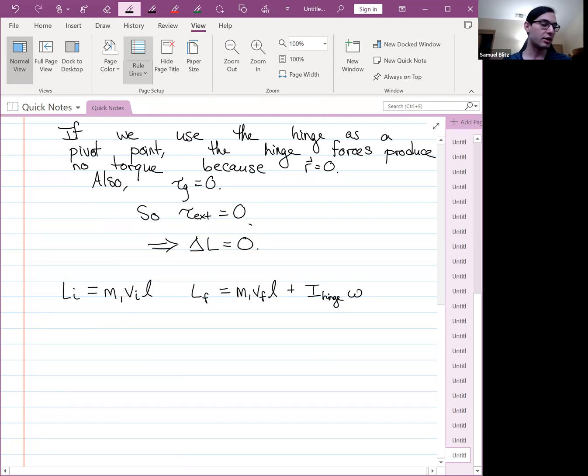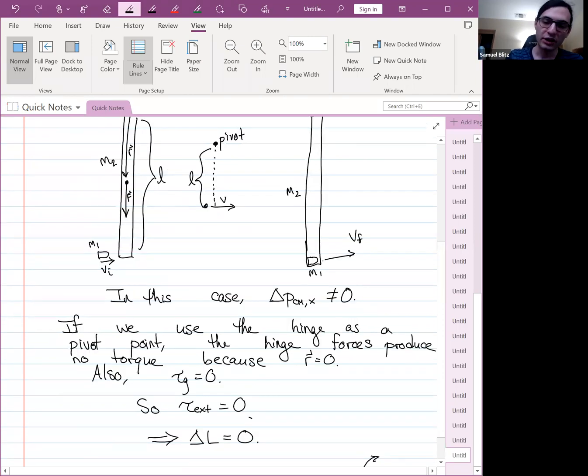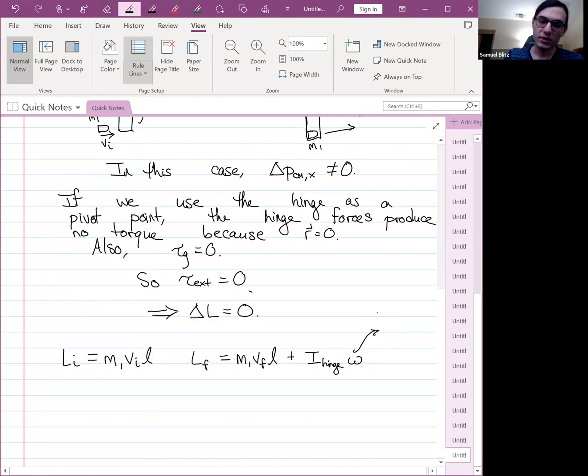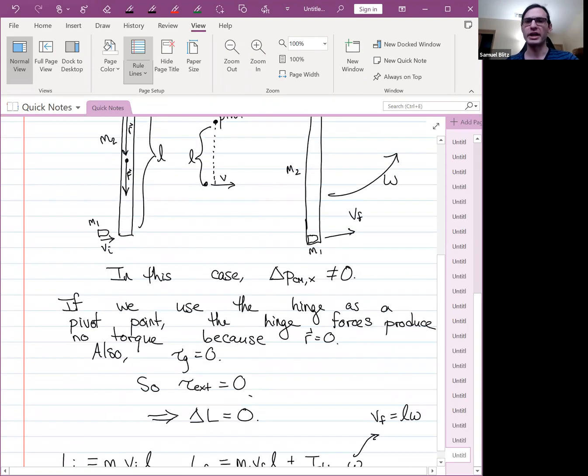We can simplify this a little bit because the angular speed is related to the velocity at the bottom of the rod. This is just the standard relationship between translational and angular speed. So in this case, the angular speed is related to v final through the length. And that should be fairly clear.